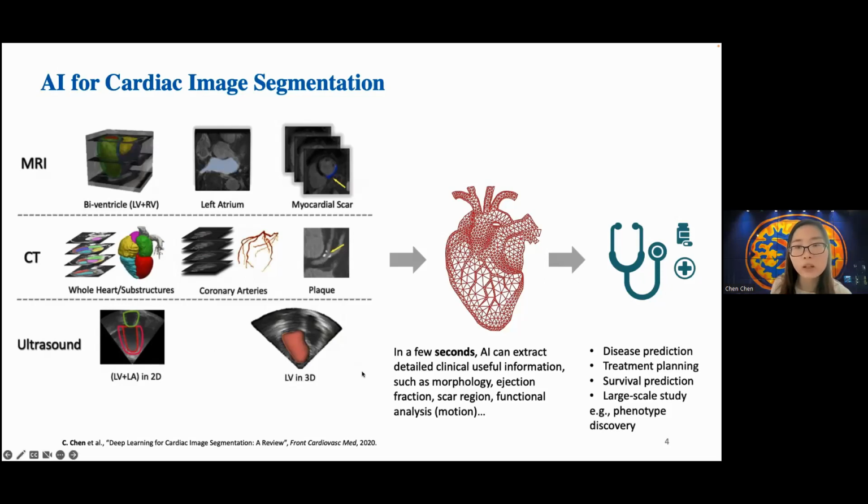But with AI, it takes just a few seconds to get a full picture of clinically useful information, such as shapes, volumes, etc. Because of this great efficiency, we can now analyze large population data for clinical studies, as well as phenotype discovery. So AI has great potential to speed up and transform healthcare services.